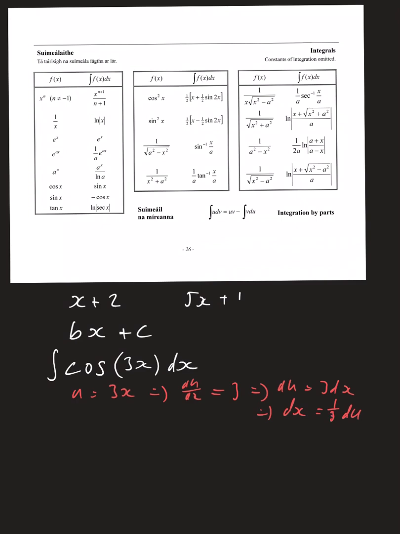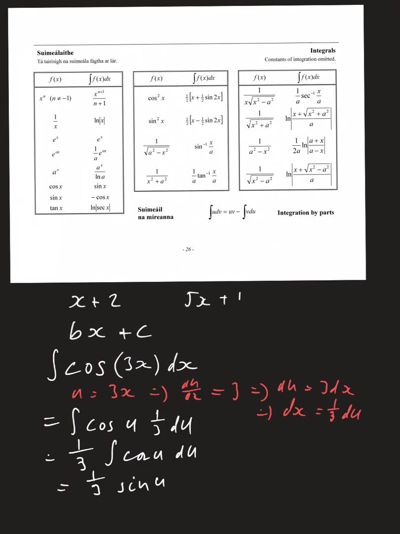So I can make a substitution there and say that that is equal to the integral of cosine of u, and dx becomes 1 over 3 du. I can put that 1 over 3 in front and I get 1 over 3 integral of cosine u du. And from the table I can see that the integral of cosine u will be sine of u. Plus c, of course.